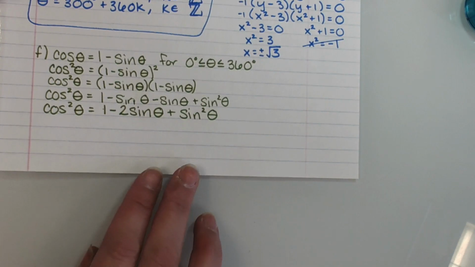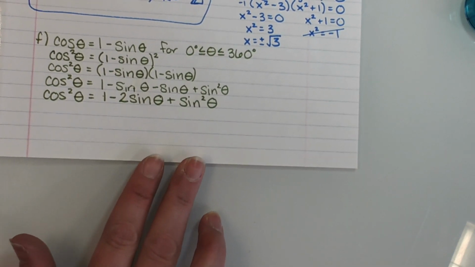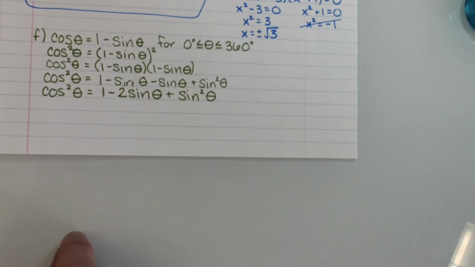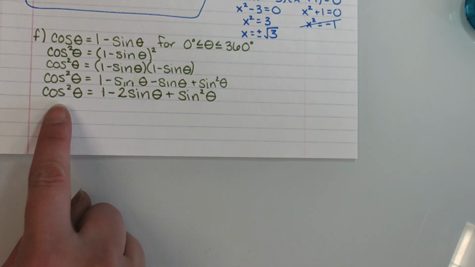I did that so that now I have squareds. So now I can use the Pythagorean identity. Probably makes more sense to switch cosine into sines. Cosine squared is equal to 1 minus sine squared.